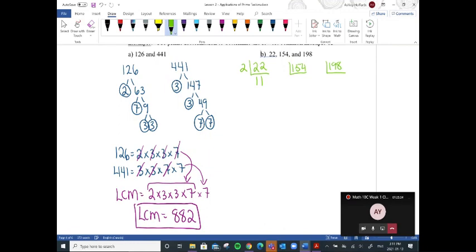I'm going to divide out 2, I'm left with 11. 154 is even, so let's use 2 as well. Get 77. And then you can use either of the 2 prime numbers that come out of 77, either 7 or 11. So you have 2, 7, and 11.